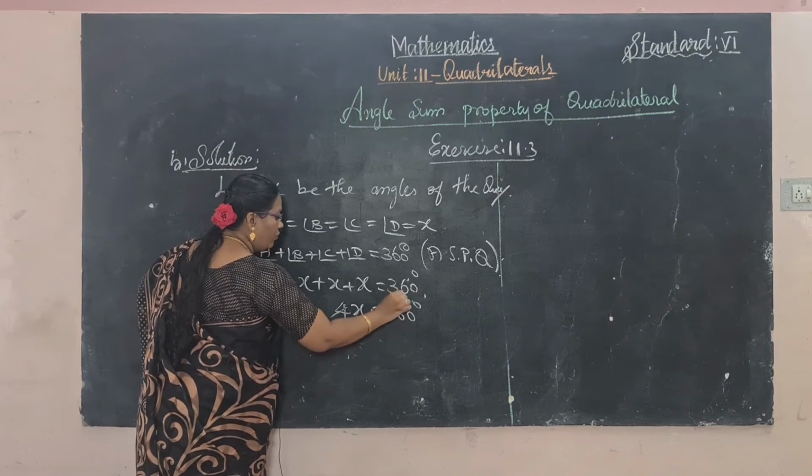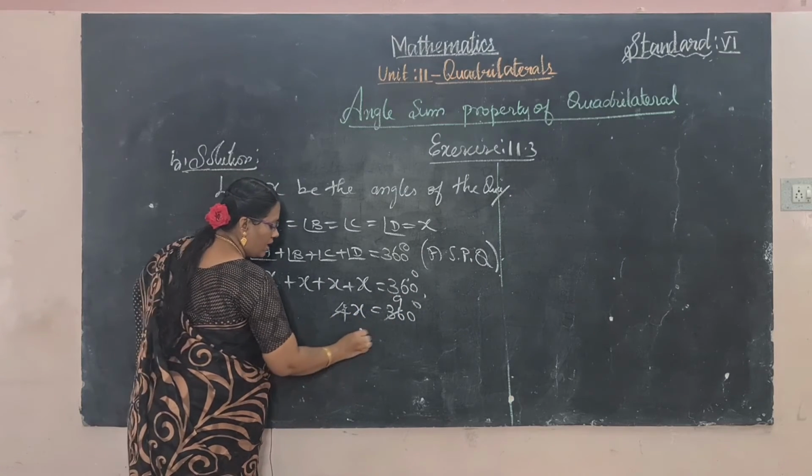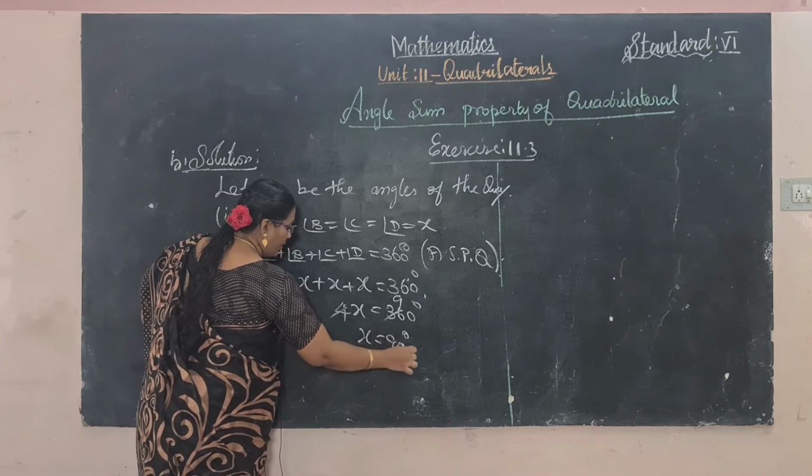It cancels in the 4 table, 4 nines are 36. So x equals 90 degrees.